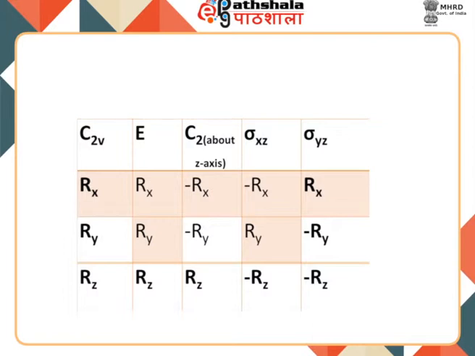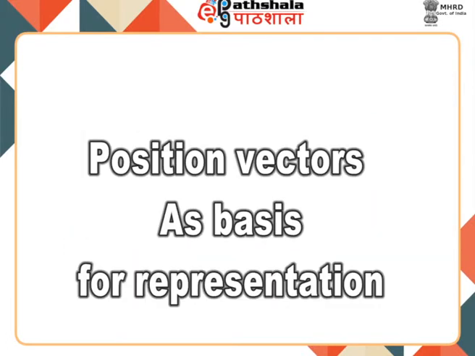For C2 about the z axis, Rx goes to minus Rx, Ry goes to minus Ry, and Rz remains the same. For sigma xz, minus Rx is obtained, Ry is the same, and minus Rz. For sigma yz, Rx, minus Ry, minus Rz. This table summarizes the effect.